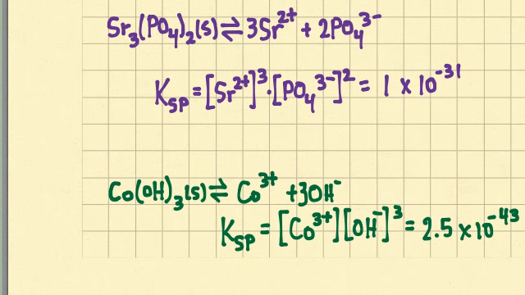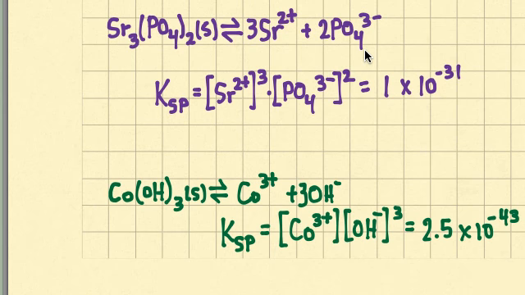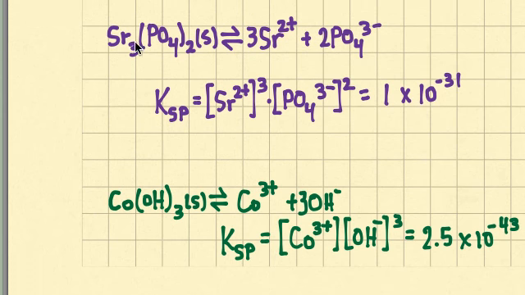Here are some examples we saw from a previous lesson. My Ksp for strontium phosphate, 10 to the negative 31. Guess what the formation constant for this would be? If I were to take these ions and mix them together, would they like to form strontium phosphate?